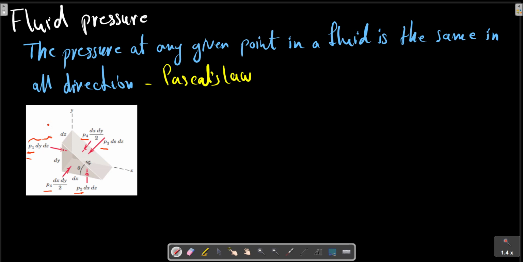So this is a force F1, for example. The equilibrium of forces in the x and y directions gives this relation.